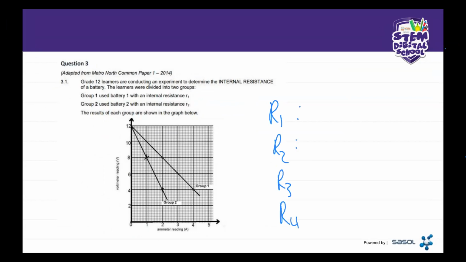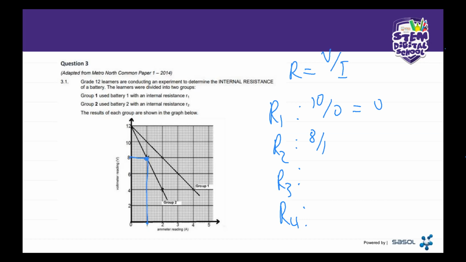Remember we said R is equal to V over I. So in this case, we'd have 10 divided by, current here would be 0. So this one will be 0. And then for this one here, it's going to be 8 divided by 1, because you see, it's on the 8, but the current is 1.